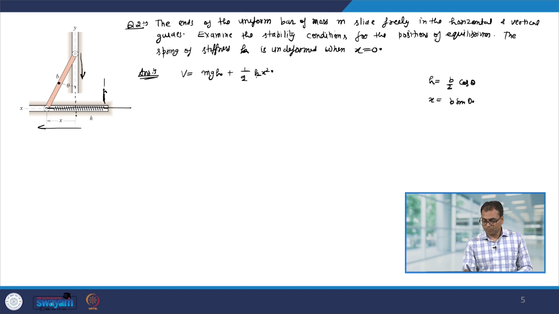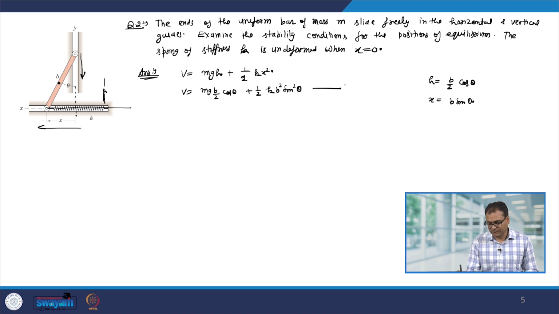Okay. So, let us put that in this equation. We will get V equal to mg b by 2 cos theta plus half k b square sin square theta. This is our equation number 1, wherein the potential energy is in the generalized coordinate.